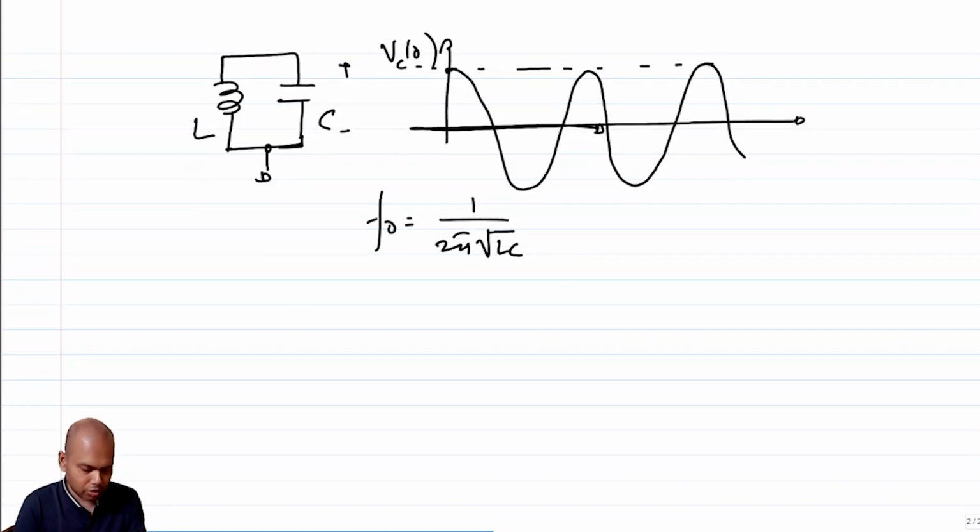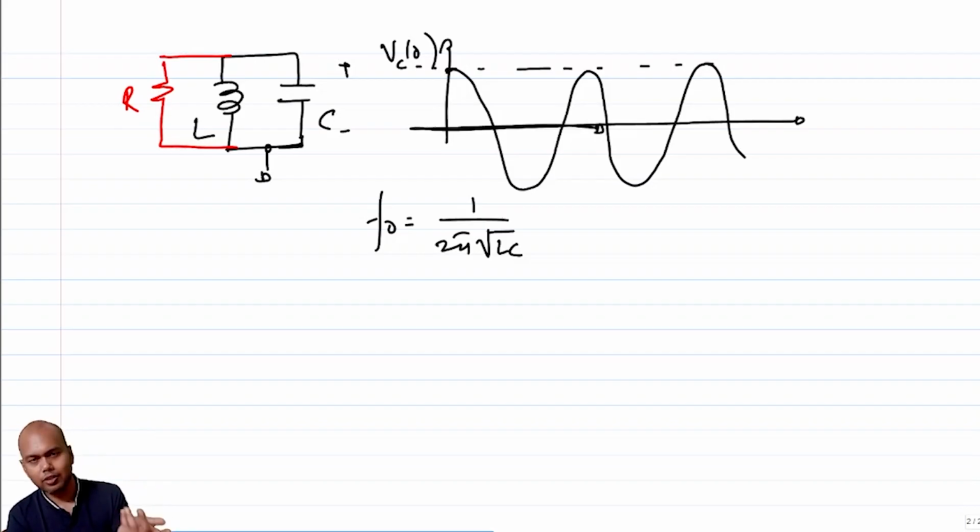But if this were a solution, then there shouldn't be separate courses on PLLs, and a local oscillator should be pretty easy to generate. Obviously, the problem is this is not ideal, and one of the reasons for non-ideality is the fact that there is a parasitic resistance associated with an inductor or a capacitor, and that we have already seen multiple times.